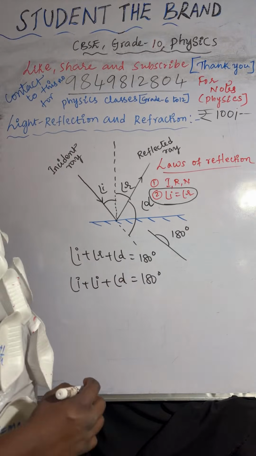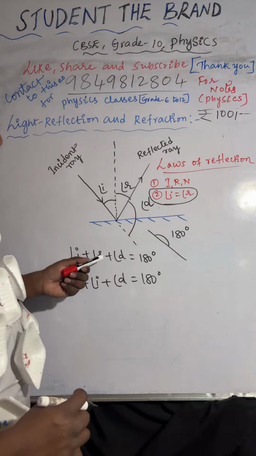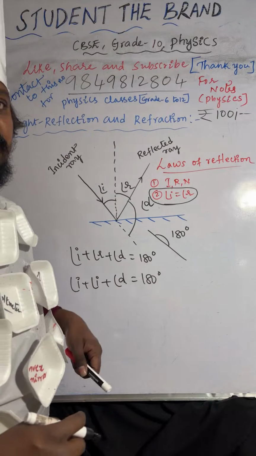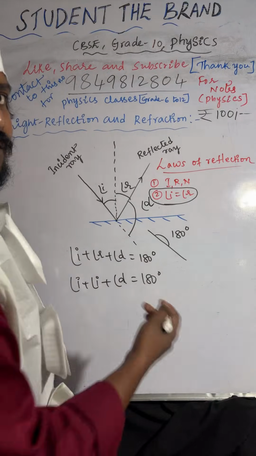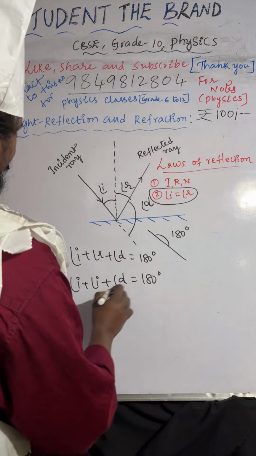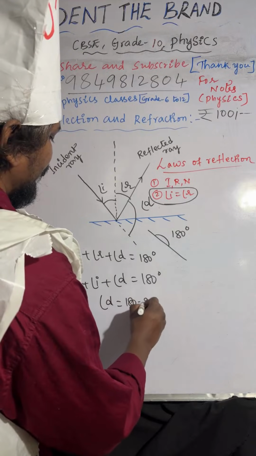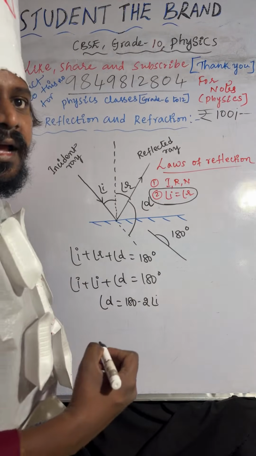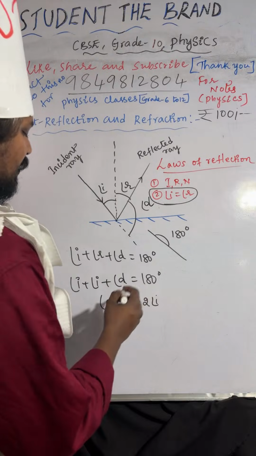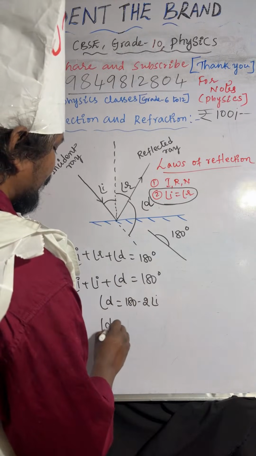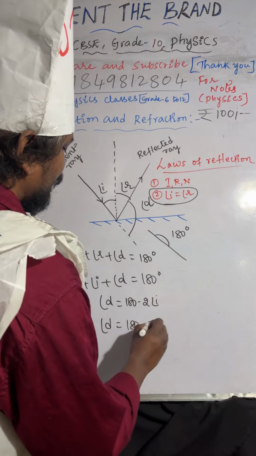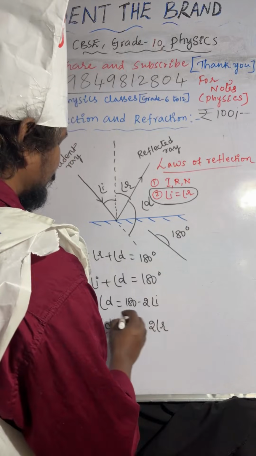Yes or no? So we can write the angle of deviation equals 180 minus 2 times the angle of incidence. Similarly, the angle of deviation equals 180 minus 2 times the angle of reflection.